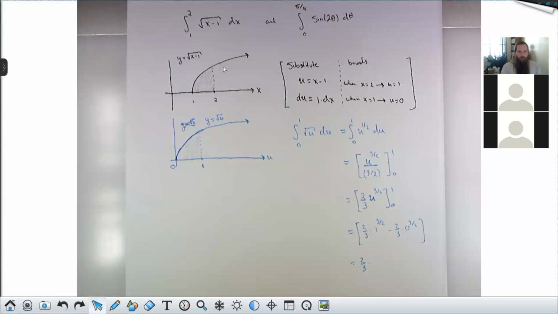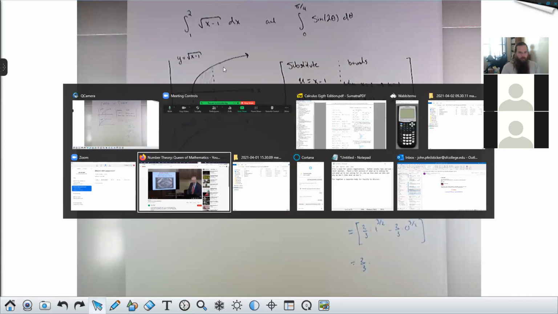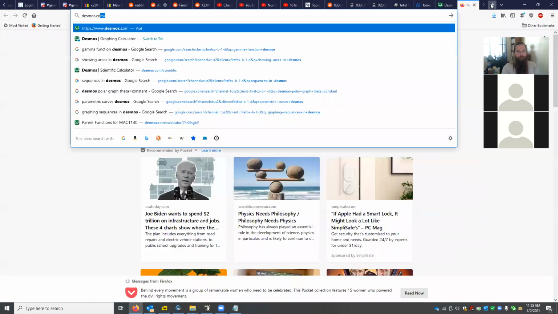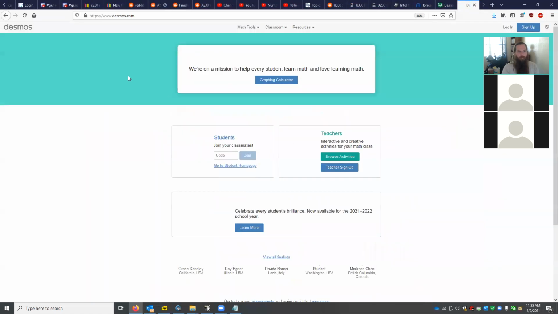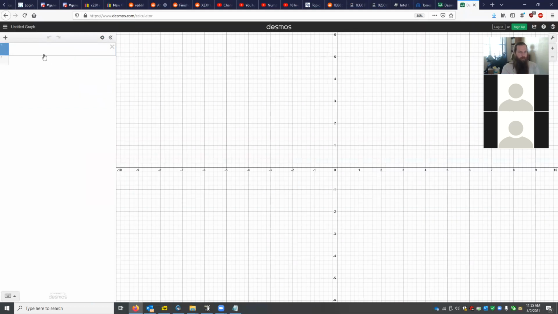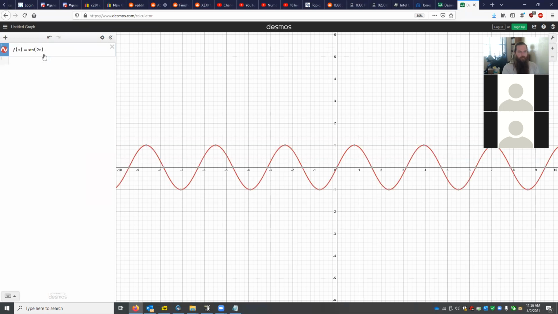For the next one, I want to spend a second in Desmos because the graphs there are a little tougher. You know what sine x looks like. We know what sine 2x looks like, but let's just, here's sine of 2x.